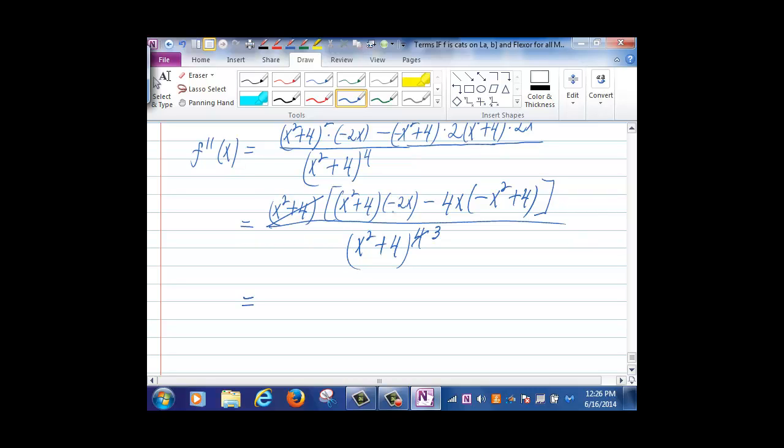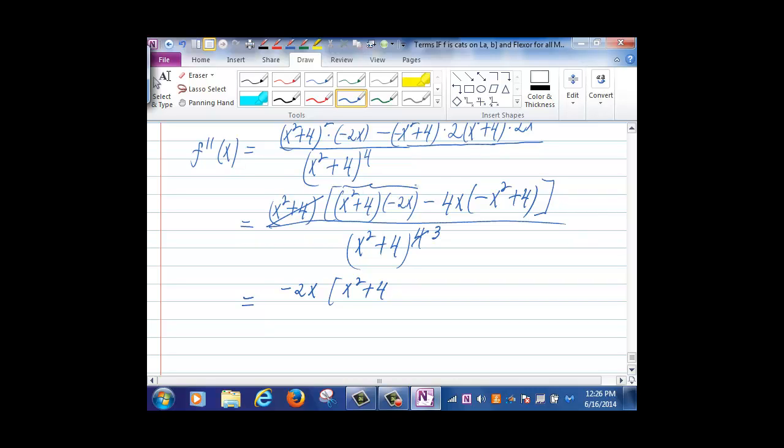Now if you multiply out, what do you get? You get a negative 2x cubed, right? Oh, I could have factored out an x as well, right? Yeah, let's now factor out negative 2x, and then I'm going to get x squared plus 4 from the first, right?